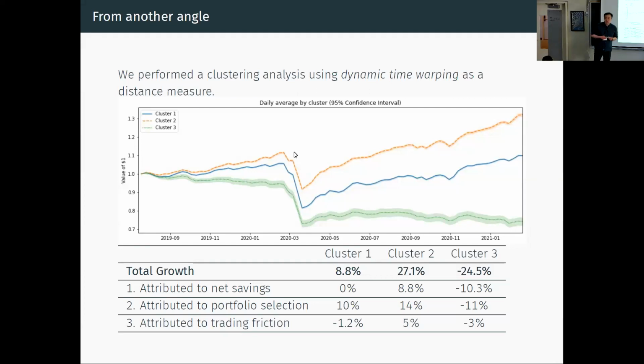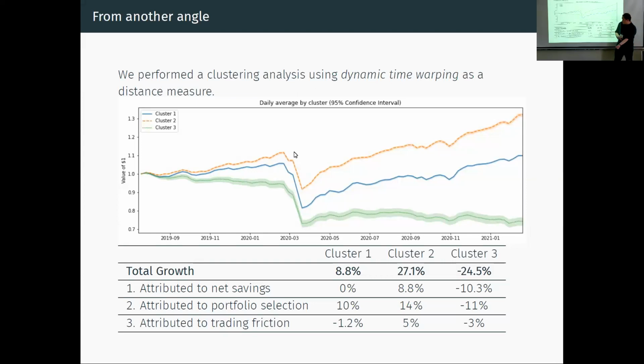Sorry. What would be the growth characteristic of each cluster? Okay. Yeah. If we look at why they have these changes, we see that cluster 3 withdrew a lot of money during the market crash, while cluster 2 actually continued contributing to their portfolio during the crash.